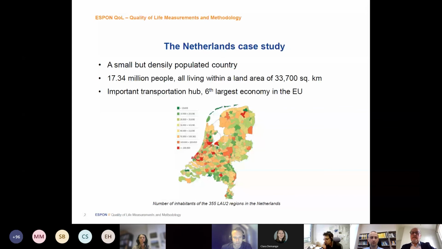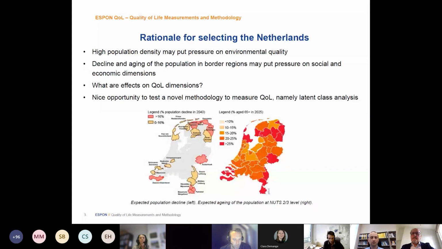So a specific challenge in terms of quality of life in the Netherlands is that we have, of course, these densely populated areas. Of course, it's interesting to see how that affects quality of life. But also in several areas in the Netherlands, we have decline of population, and also those areas are highly correlated with aging populations.